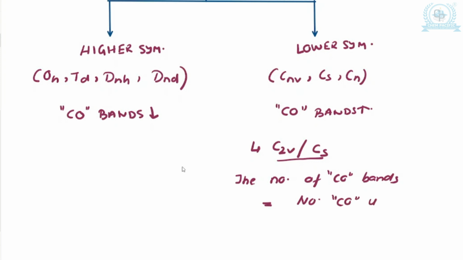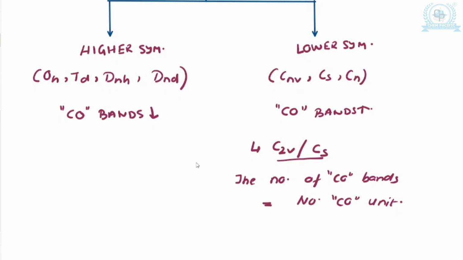That means as many CO ligands as you have in that geometry. For example, if you have 5 CO ligands in that geometry, then there will be 5 CO bands. This information is very important.